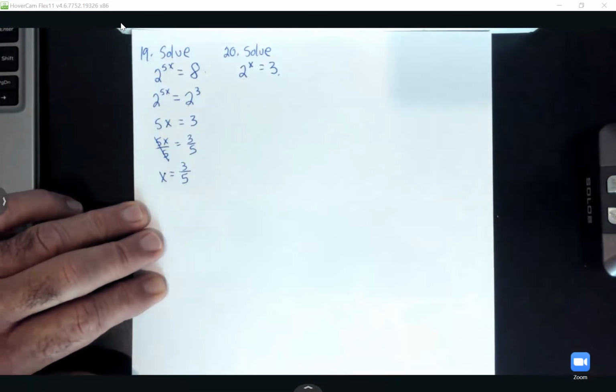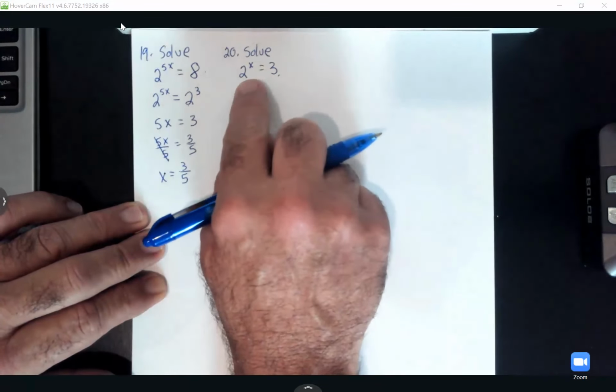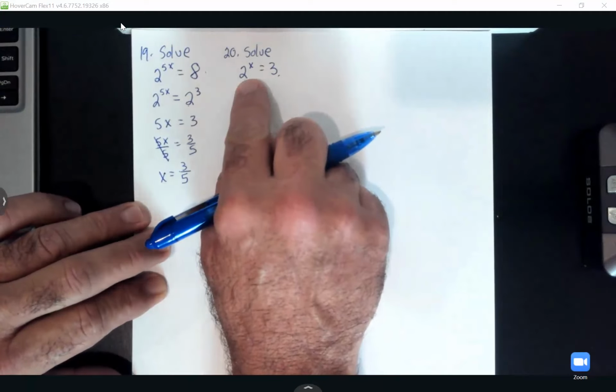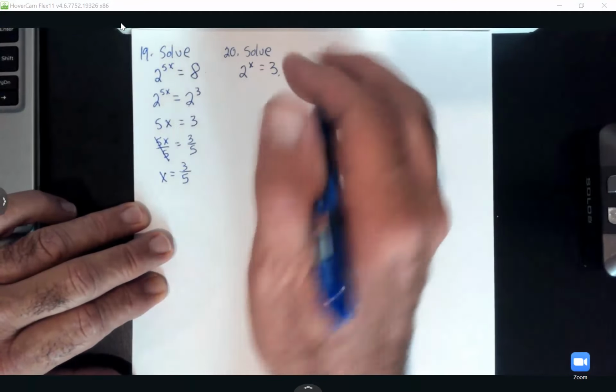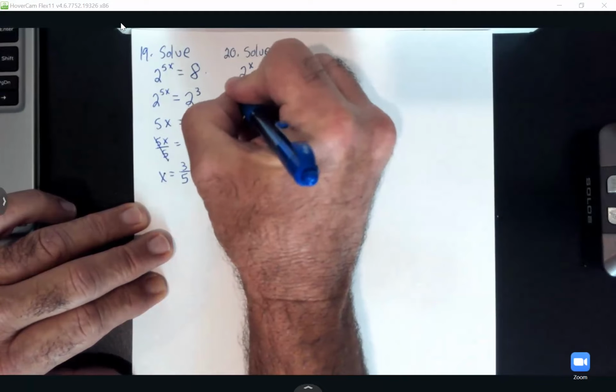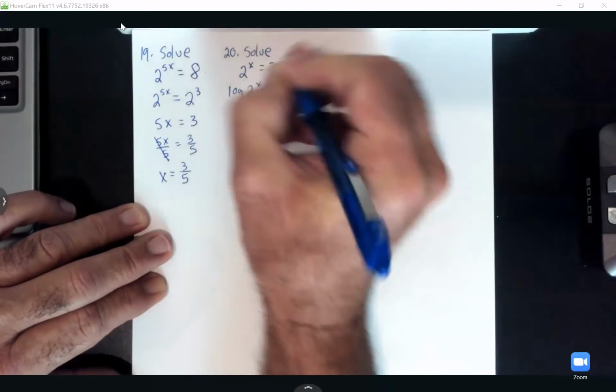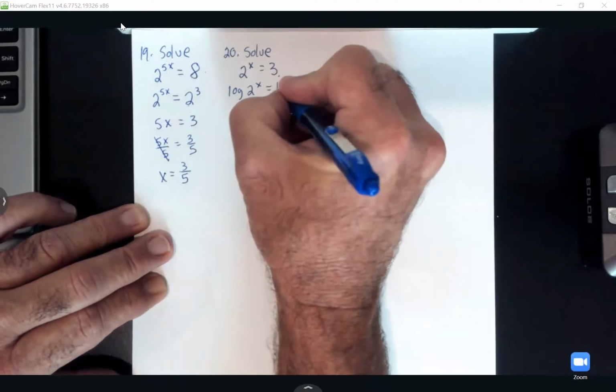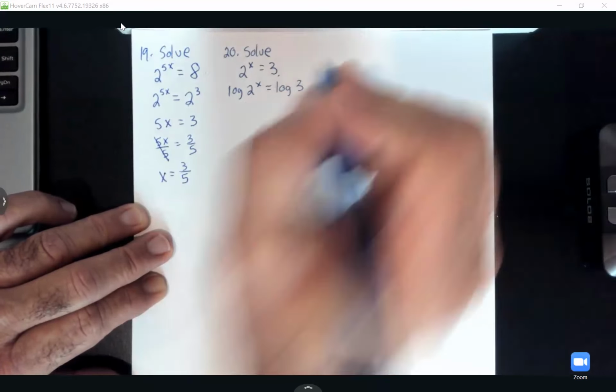So when we weren't able to rewrite both sides using the same base, we took a log of both sides. So I'm going to take a log of 2 to the x is going to equal the log of our 3.